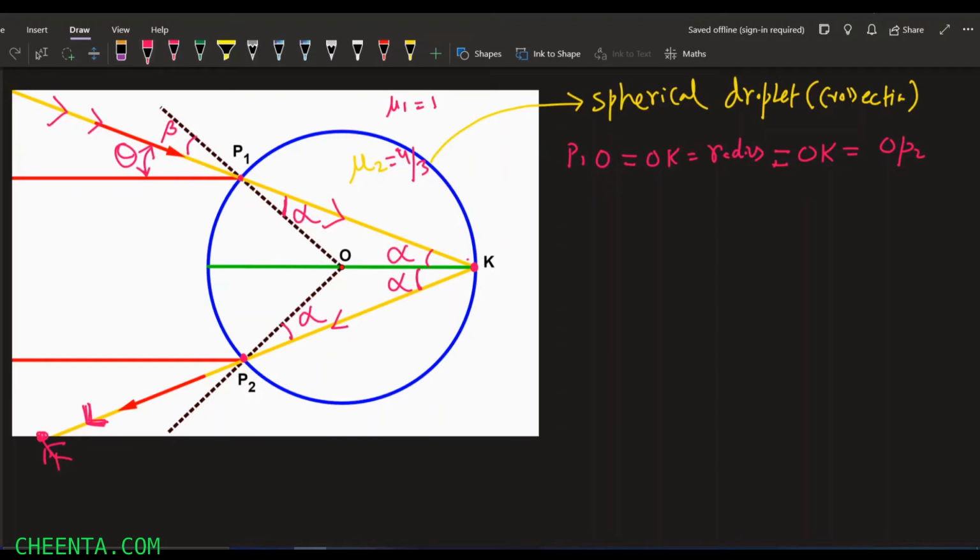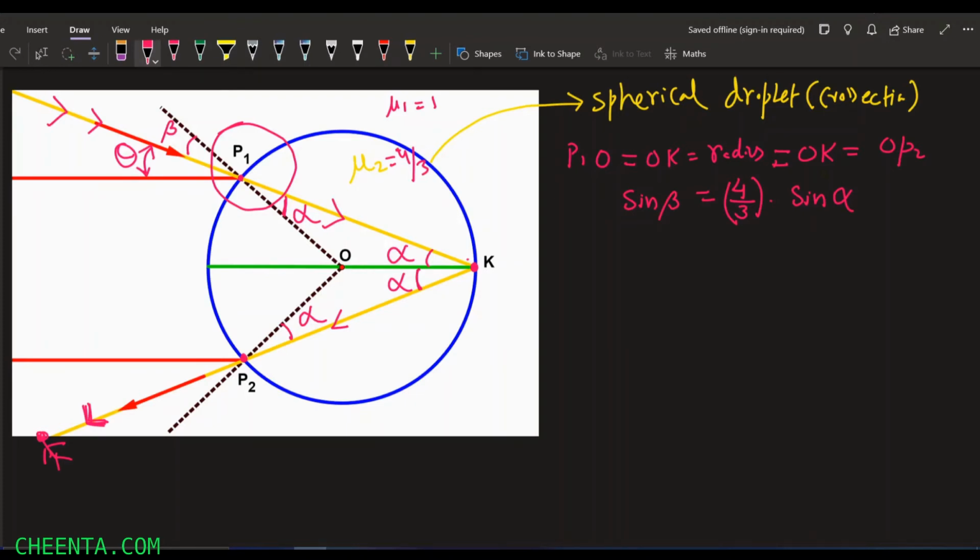Now from this particular part we can apply Snell's law, and we can write it as the refractive index of air, which equals 1, times sine of beta equals the refractive index of water, which is 4/3, times sine of alpha. I hope this point is clear.